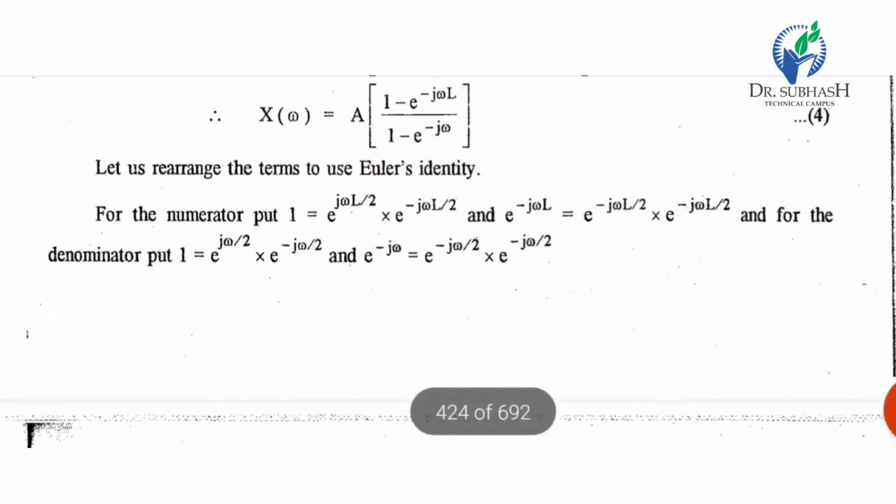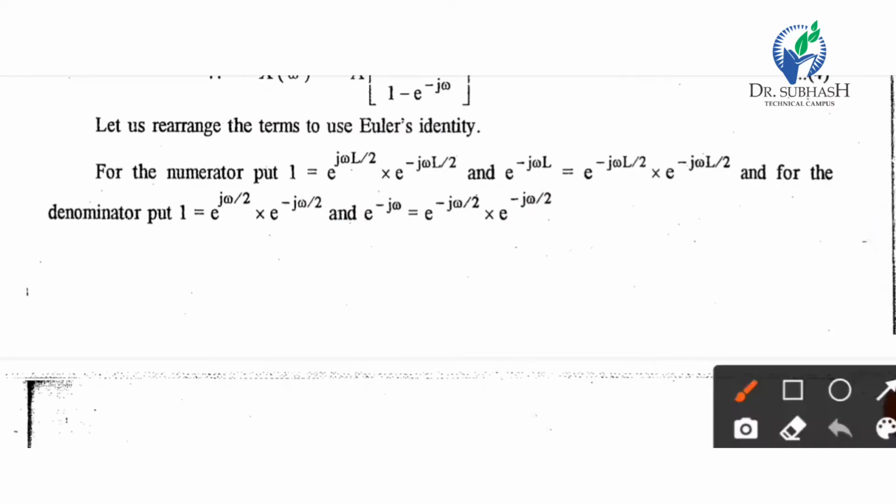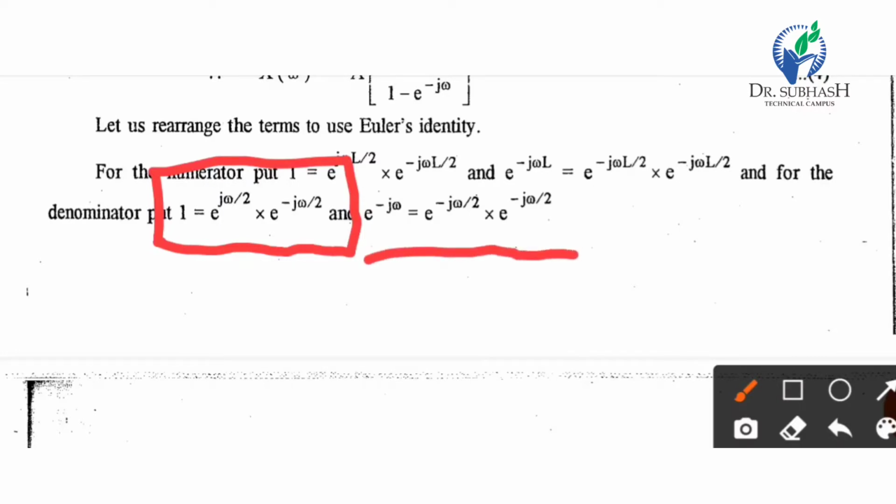For the denominator, put 1 equal to e raised to j omega by 2 multiplied by e raised to minus j omega by 2, and the second term e raised to minus j omega equal to e raised to minus j omega by 2 multiplied by e raised to minus j omega by 2.